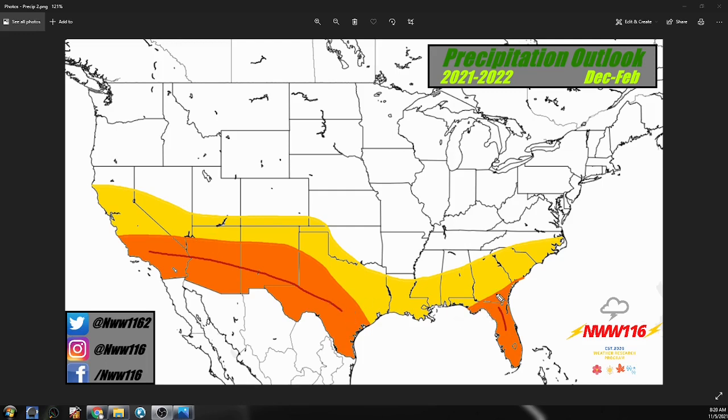There also is another sliver here across Florida, moving into the Georgia, South Carolina area, near the coastal regions. We're definitely expecting less precipitation with that typical La Nina, in terms of drier conditions, which are usually more persistent across much of the southern United States.